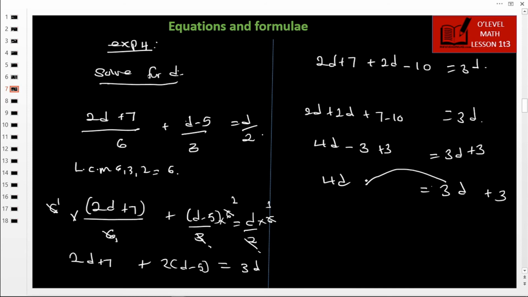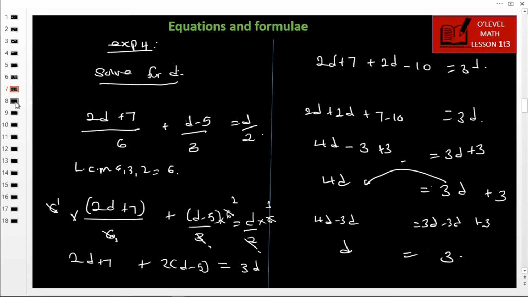So we take this D this way by additive inverse. So this is 4D minus 3D, giving us 3D minus 3D plus 3. Therefore D is equal to positive 3.